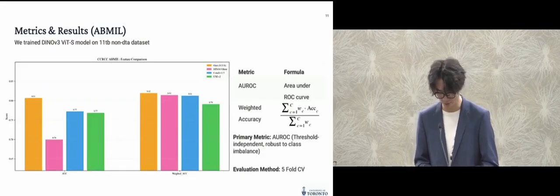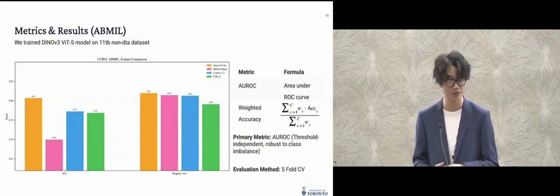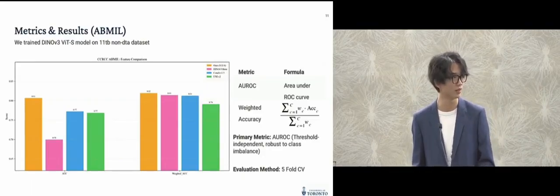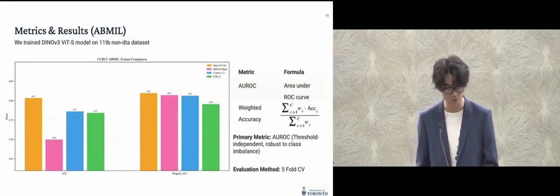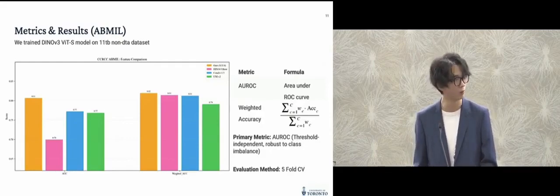Despite being the smallest model, compared with CONCH v1.5 and UNI v2, which I believe are based on ViT-large and ViT-huge backbones, our approach, which you can see on the orange bar, achieved an AUC of 0.81 and weighted accuracy of 0.82, outperforming all other models, including the DynaV3 baseline. This validates that our pathology-native adaptation significantly improved the feature quality.